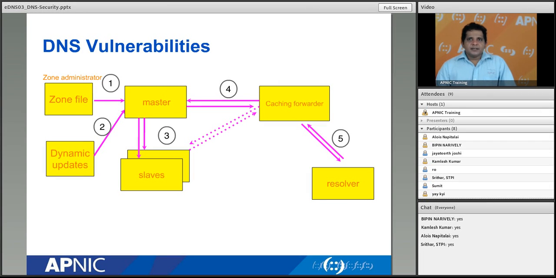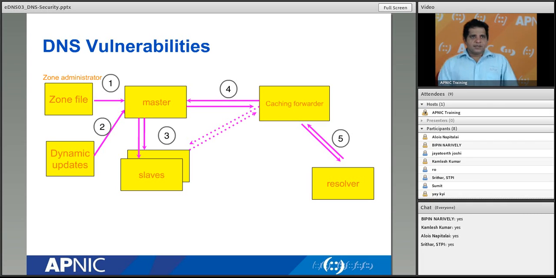And then these zone files are transferred to other authoritative servers. For example, if we have a primary server as well as multiple secondary servers, the secondary servers come and get the zone files from the primary servers. This is what we call a zone transfer, as we know in DNS.